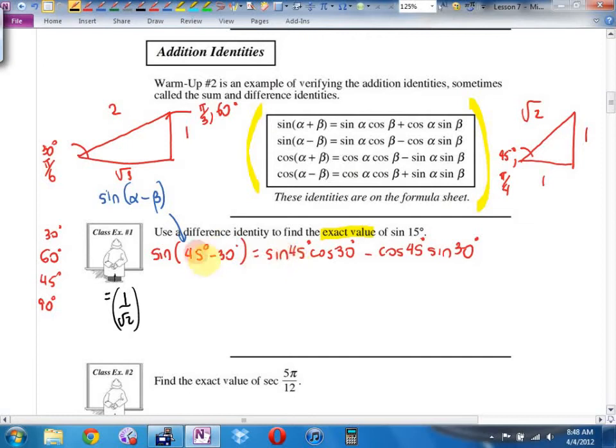Apparently, the sine of 45 minus 30, which, Holly, is the sine of 15, is equal to sine times cos minus cos times sine. So what's the cosine of 30 as an exact value from this triangle? What over what? What's sitting right there, Shannon?